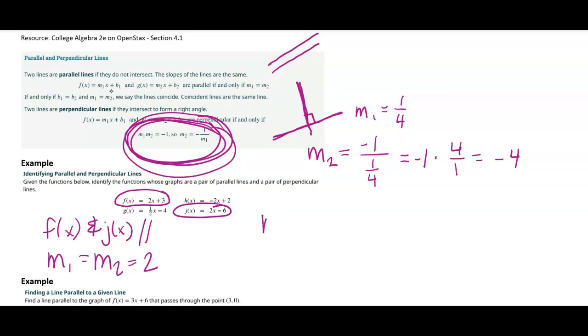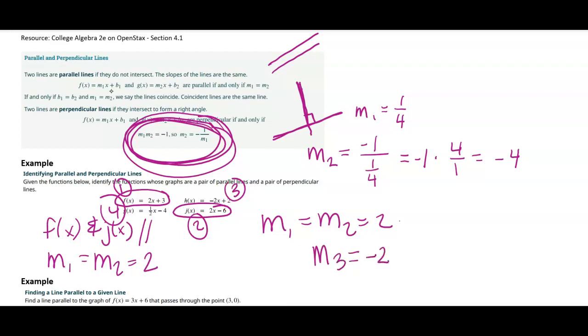Now the question is, if I said M1 equals M2 equals 2, so I'm going to call this line 1 and this line 2. Maybe I'll call this 3 and this 4. If I have M3, the slope for line 3, being -2, that is not the negative reciprocal of 2.